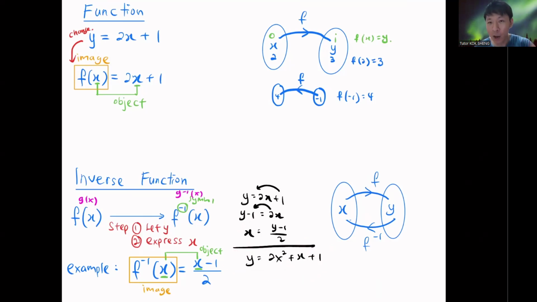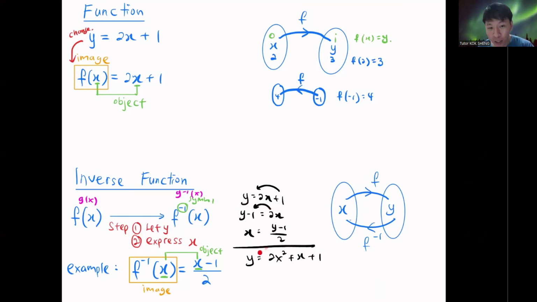That's why the question you asked me just now is why only one-to-one has an inverse. Because you are only able to find one image for the inverse. Why? Because you see here again, if your equation is linear, there is only one answer for x, right?